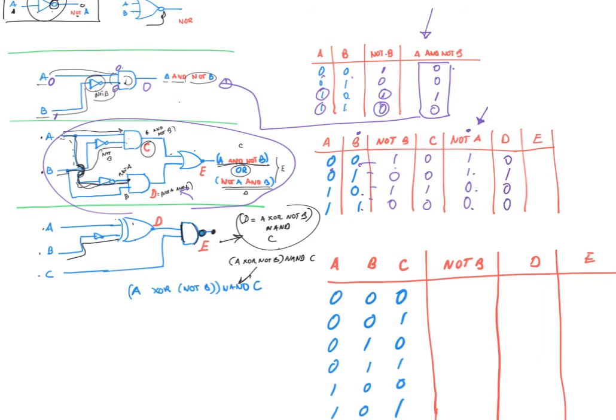Now E is an OR gate between C and D. So 0 or 0, 0; 0 or 1, 1; 1 or 0, 1; 0 or 0, 0. So if you notice, this is like an XOR. And that's part of the homework that you had.